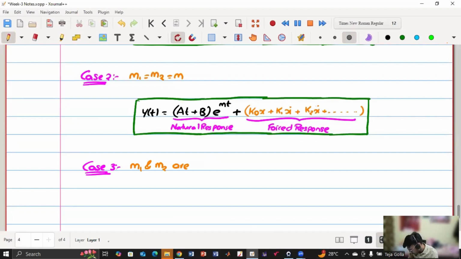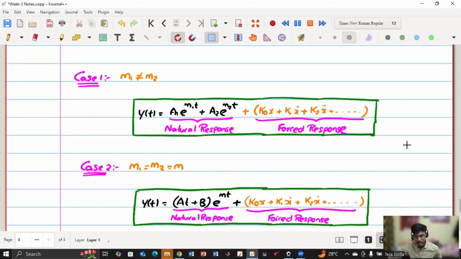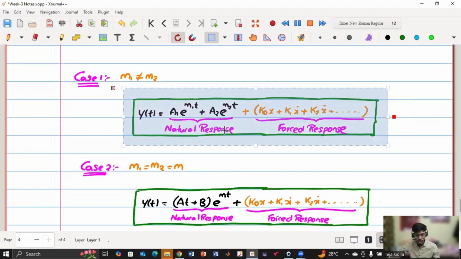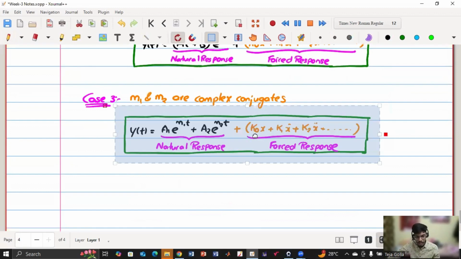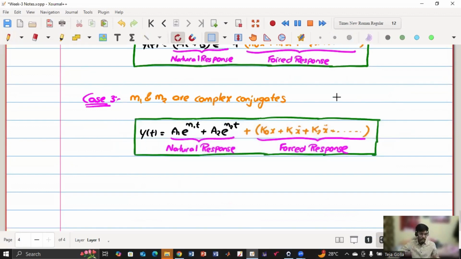First of all, if they are complex, they should be complex conjugates because the other coefficients are real, so they can only be complex conjugates. They are not equal, because they can only be equal if they are real. If they are complex conjugates, A plus or minus jB, they are not equal.